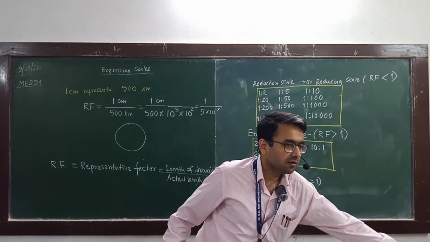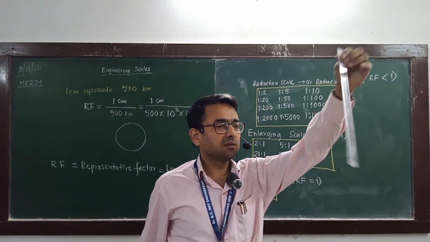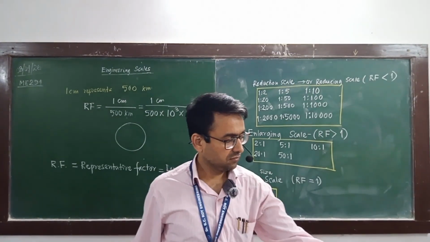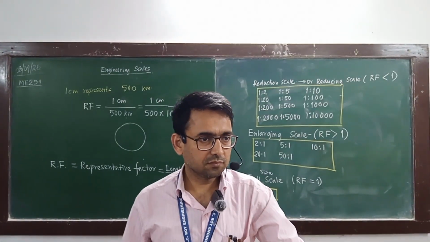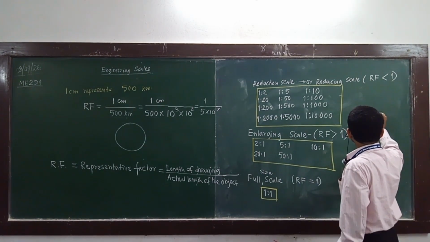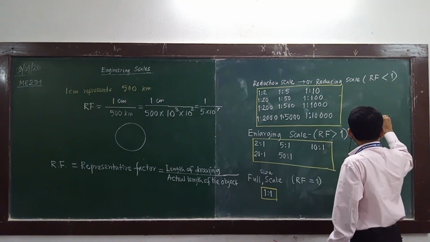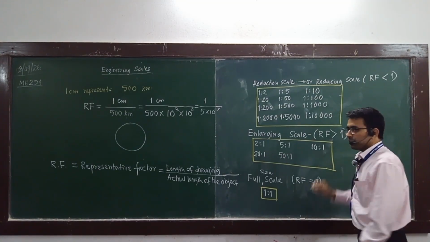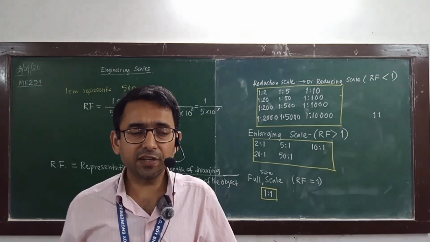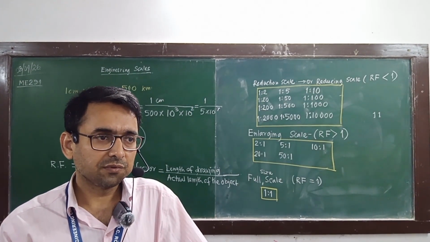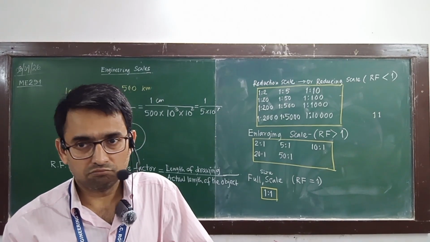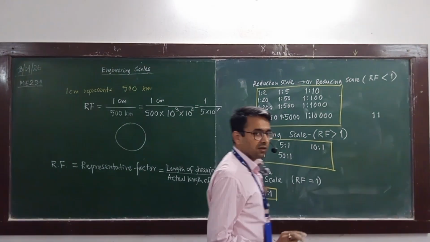Simple millimeter. 11 is the radius, so in a millimeter scale, 0.5 is there. Is it available? If it is not available, then how can you? You will take the middle of this? No. You don't have the idea.